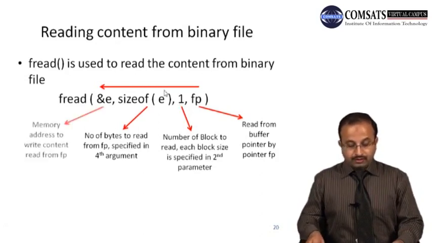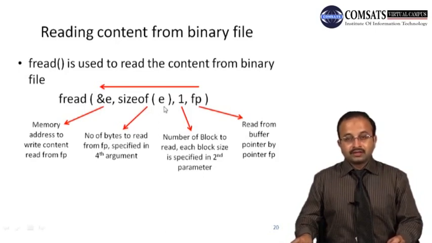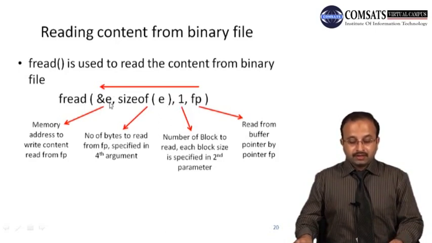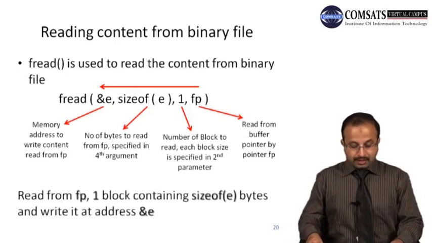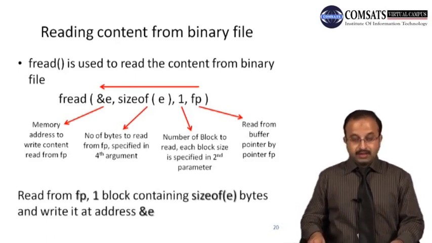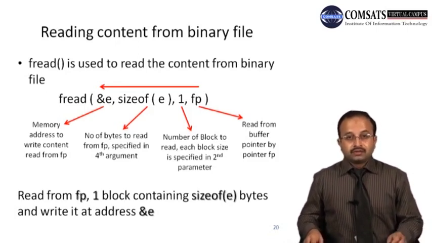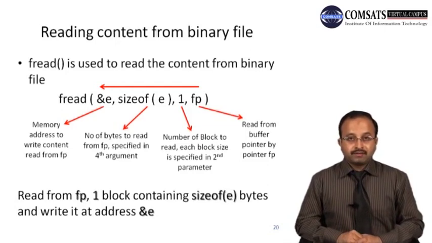And this is the memory address to write the content read from fp. So from fp you read one block of sizeof E bytes and you have to write it at this memory address specified in the first parameter. So we can say read from fp one block containing sizeof E bytes and write it at address of E. fread is a file read.